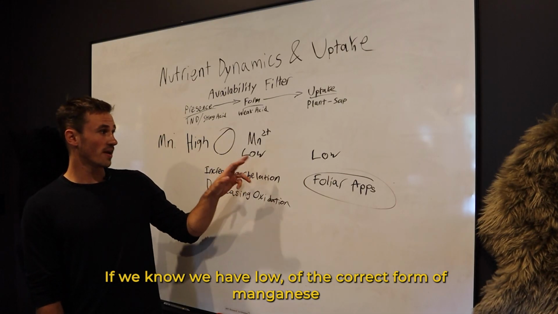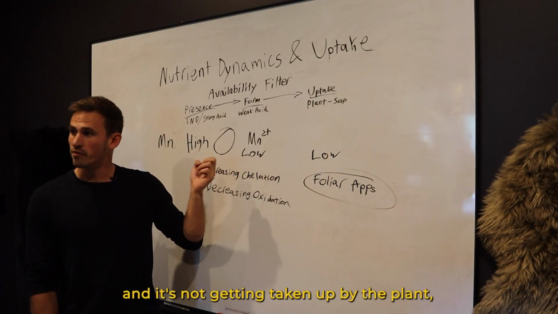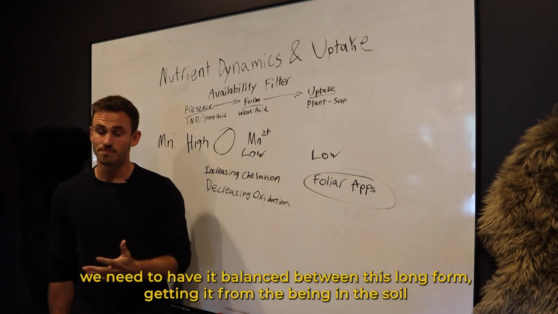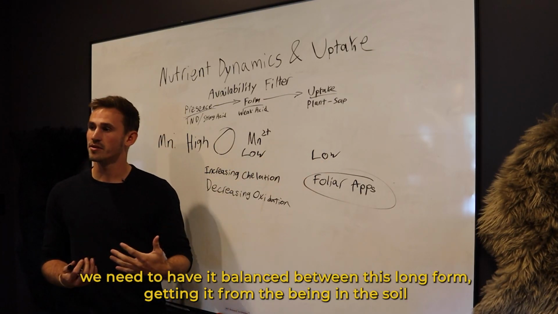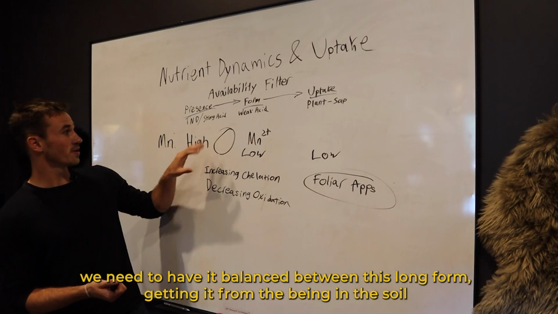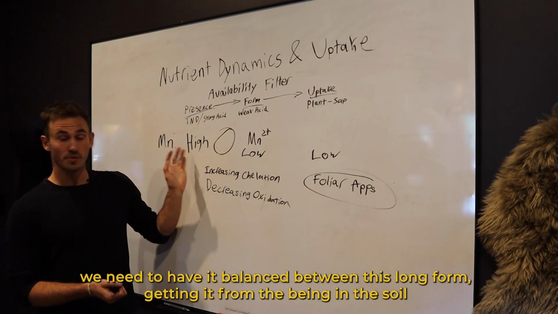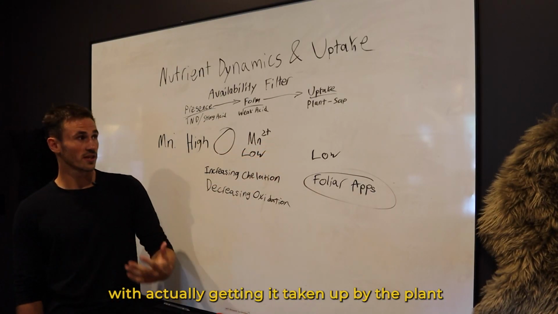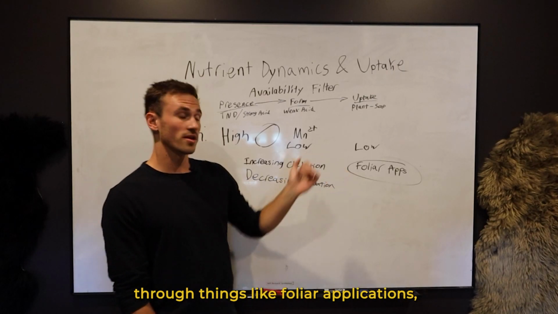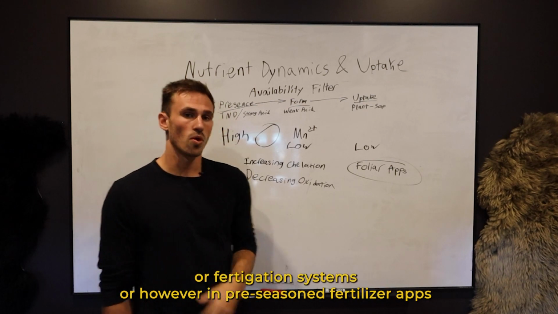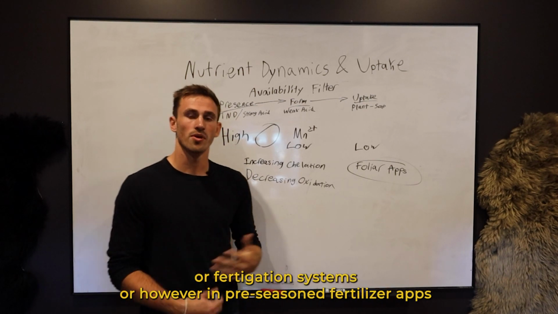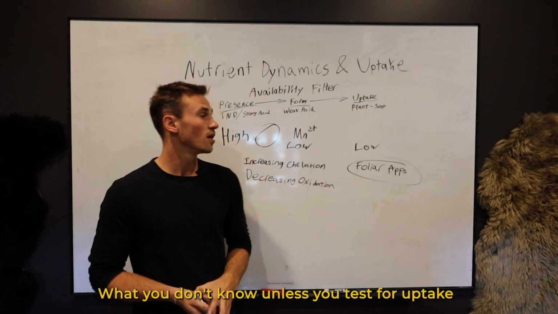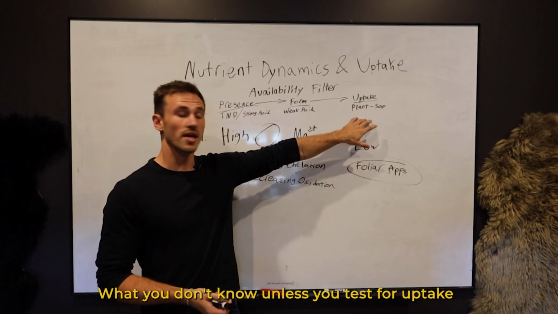If we know we have a low amount of the correct form of manganese and it's not getting taken up by the plant, we need a balance between the long-term fix, getting it from being in the soil to being in the correct form so it can be taken up, and actually getting it taken up by the plant through things like foliar applications, fertigation systems, or preseason fertilizer applications, which you don't know unless you test for uptake.